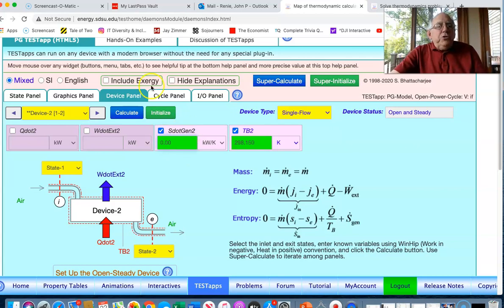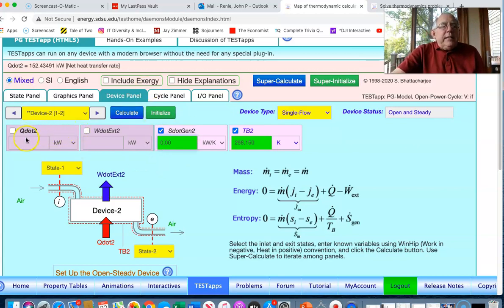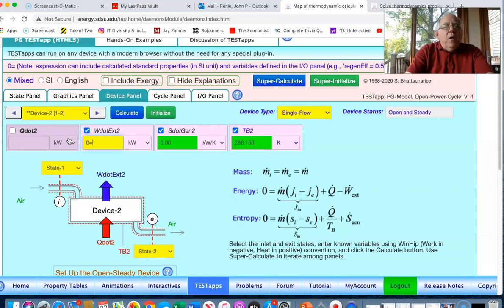And what you see happening here is it doesn't solve for Q or the heat transfer or the work. But what you do know is that the work associated with that turbine is equal to the heat transfer.